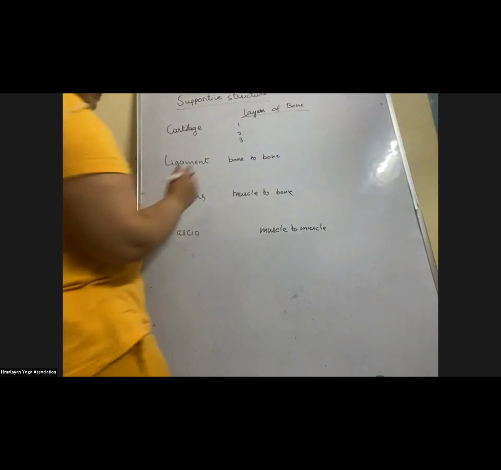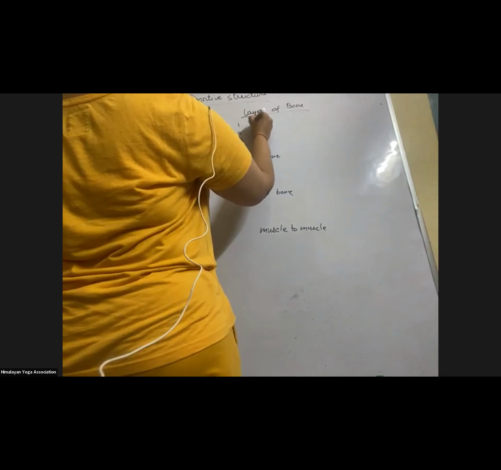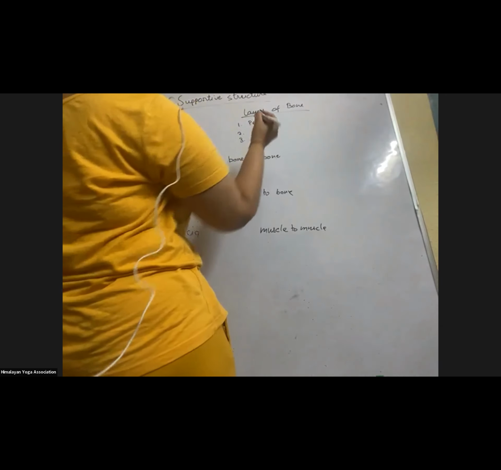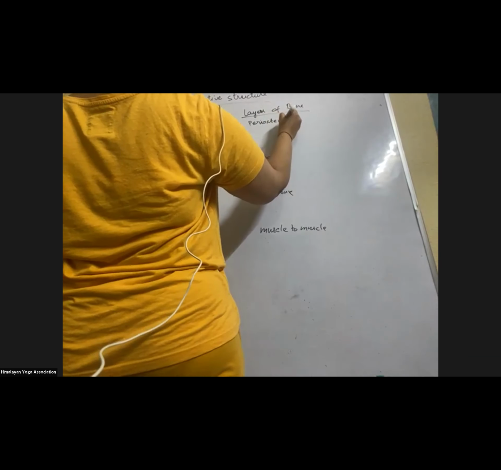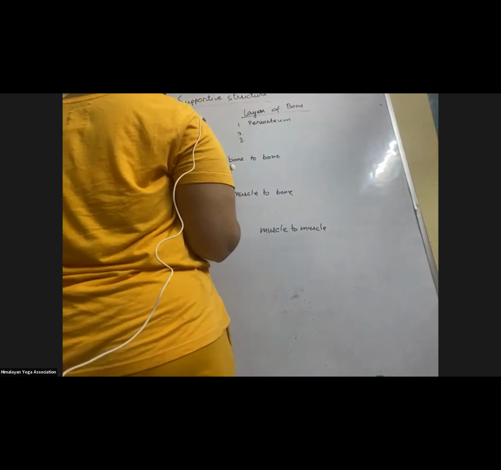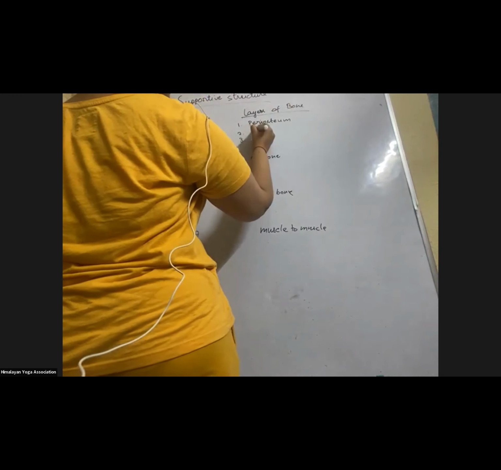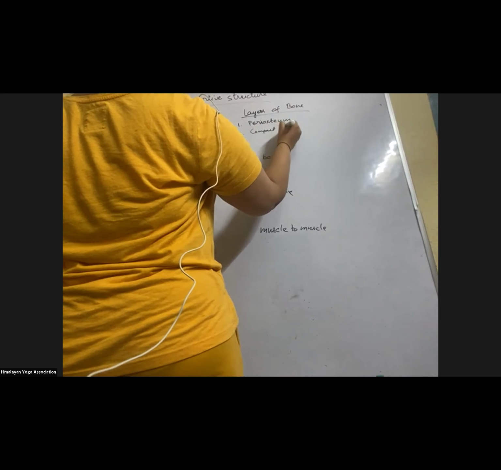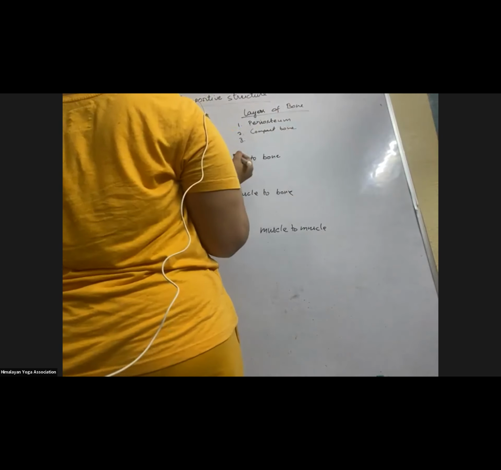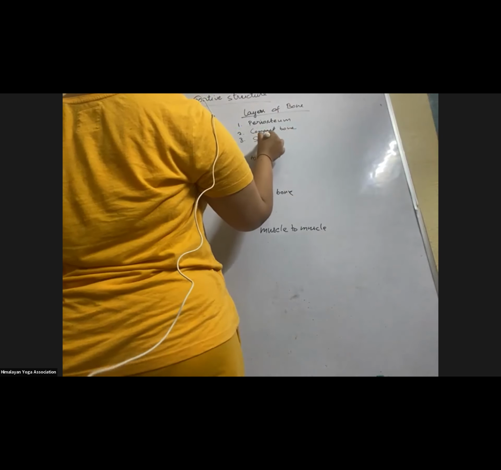Compact bone, spongy bone, and bone marrow. No, bone marrow is not a layer. Periosteum, yes, then compact bone, very good, and spongy bone, very good.